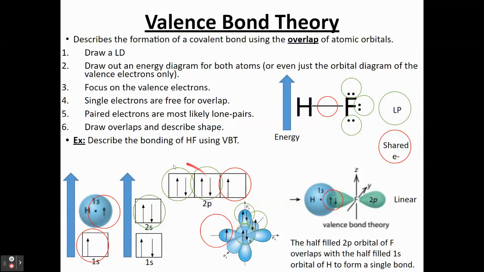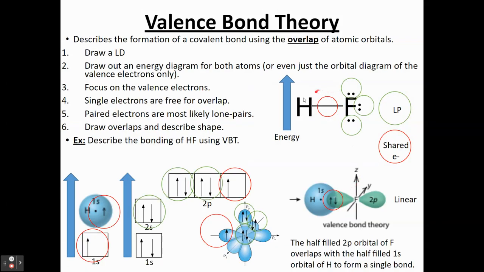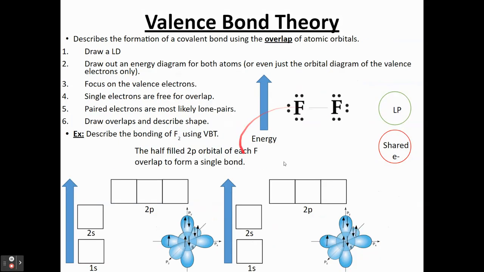So this is a lone pair, this is a lone pair, this is a lone pair in the valence shell. The 2p is the valence shell of fluorine, as you can see there. And again, the red areas circled are the parts that are part of the overlap here in the valence bond theory. And there's two electrons in there with opposite spins. And it is a linear molecule because we only have two atoms there, so it's a nice linear molecule.